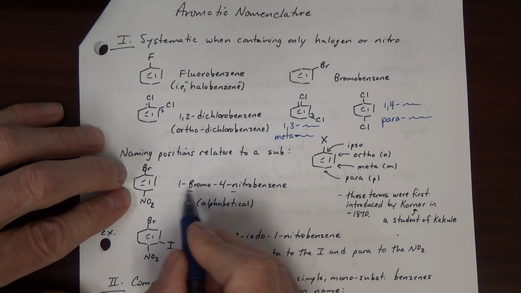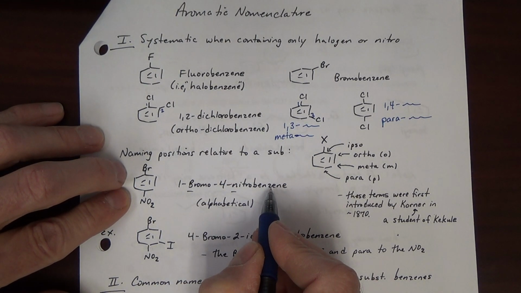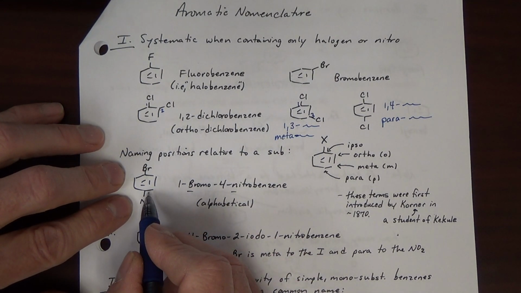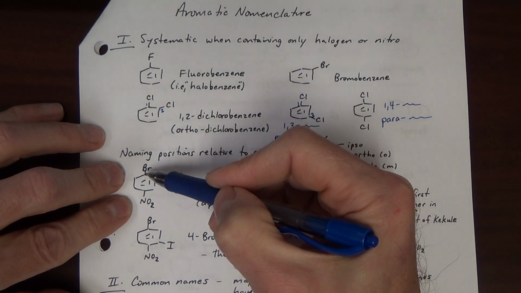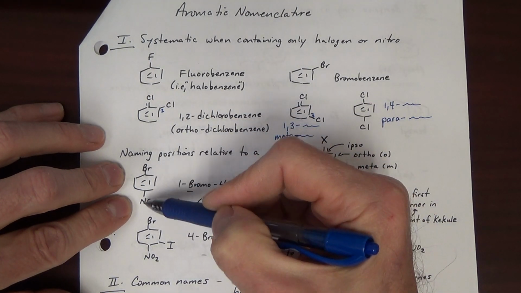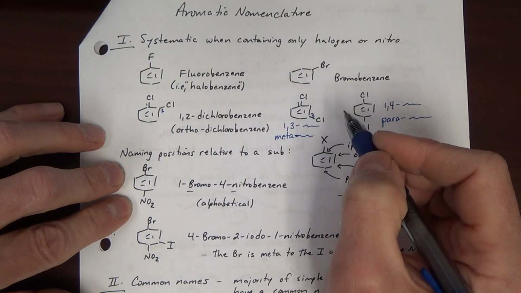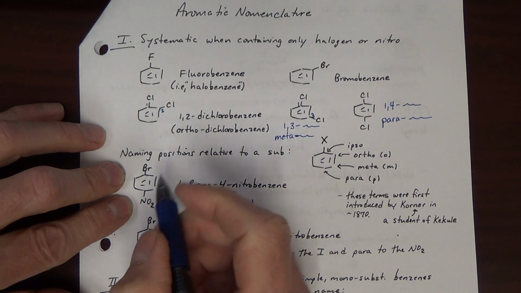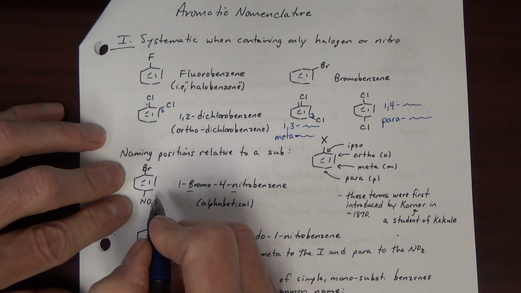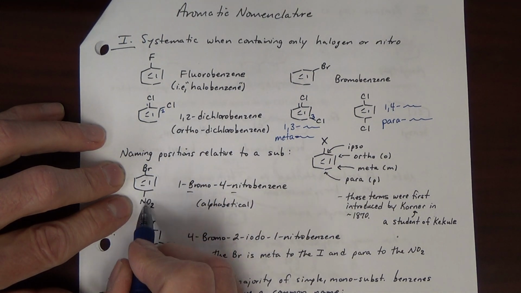Those are going to be placed in alphabetical order. First, we need to number this. Substituents always get the lowest numbers. This is a 1-4 relationship. Either way you go, it's 1-4.